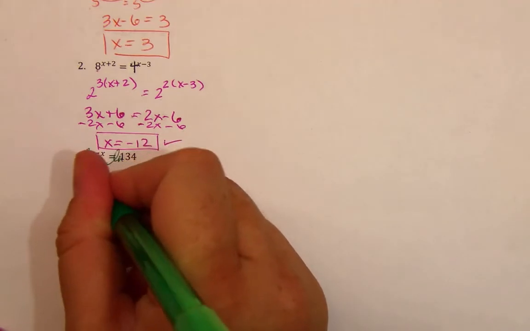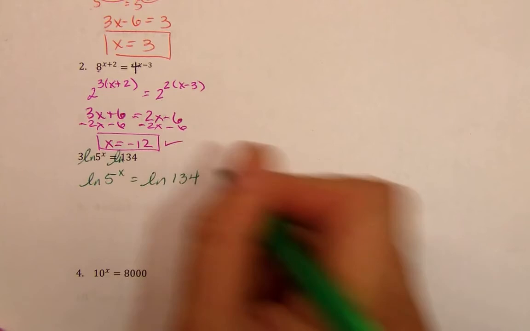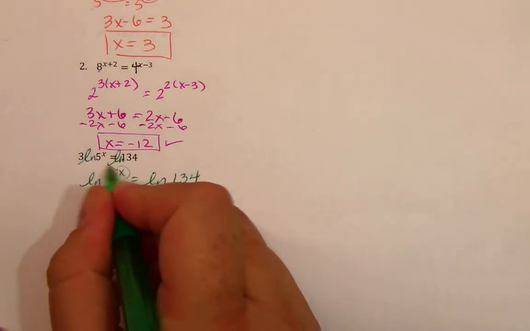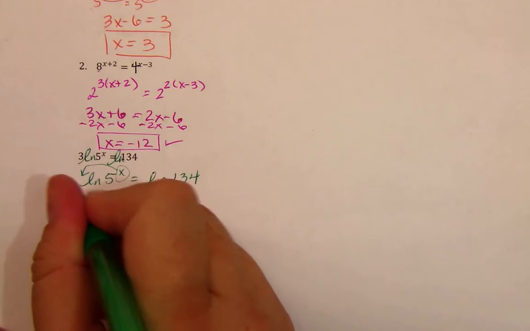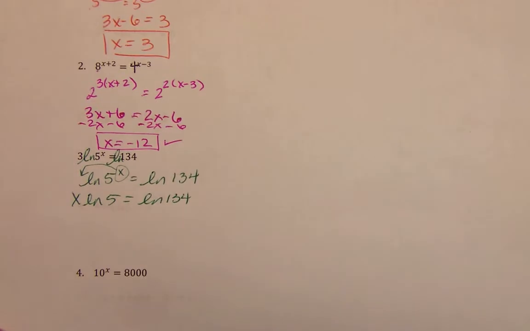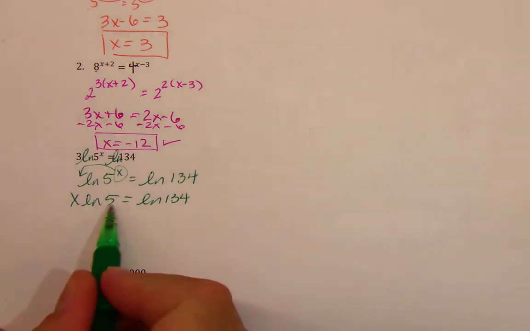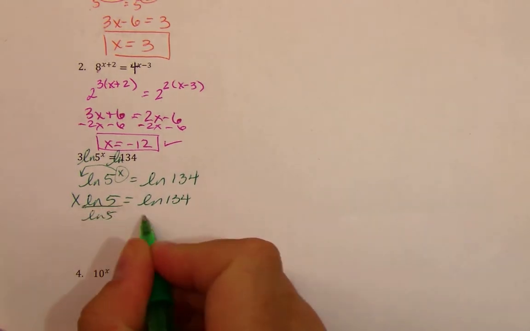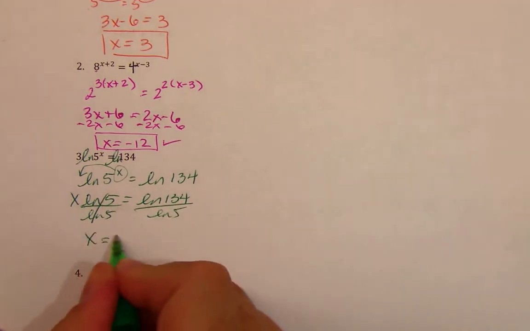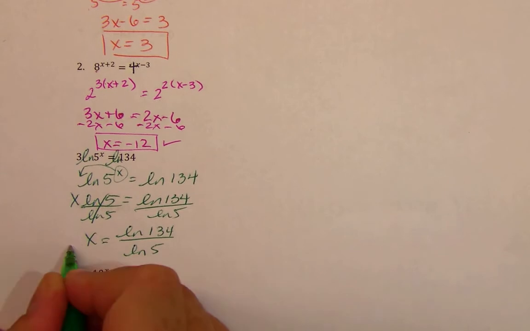And so natural log of 5 to the power of x equals natural log of 134. And using the power rule in the properties we learned in the previous section, that x can come out front. Okay, so now we have x times natural log of 5, so we can divide by natural log of 5 here. And we have x is equal to the natural log of 134 over the natural log of 5.